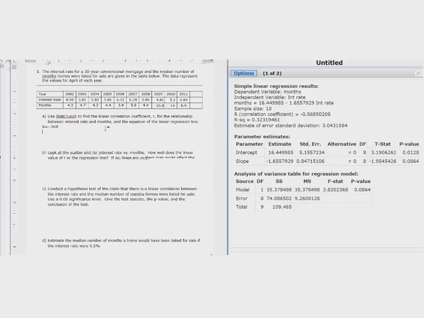Okay, and then my linear regression equation in StatCrunch, the variable on the left is always the Y, and the variable on the right is the X. And they use the column headers instead of Y and X. So this would be Y equals 16.450 minus 1.656 times X. So there's my equation of my linear regression line.